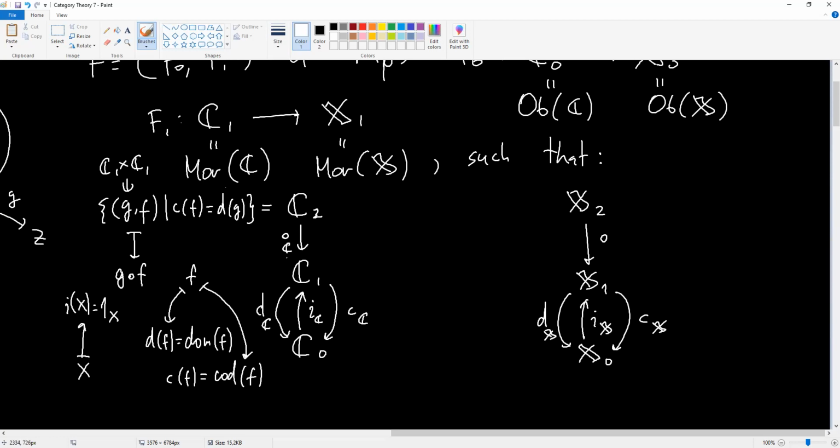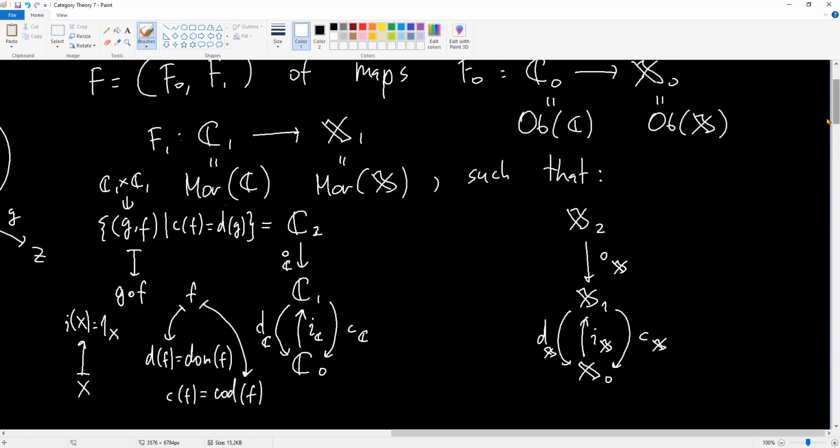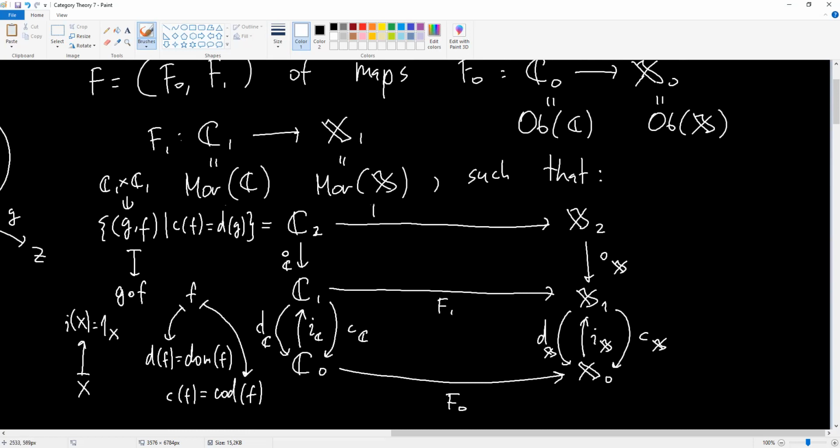This is composition for C, this is composition for X. Now, the reason why I took the effort of drawing these things out is to make the definition of a functor even more transparent than it is. So our F0 will be a map here. F1 will be a map here. And these two maps induce the map F2, which is defined this way.